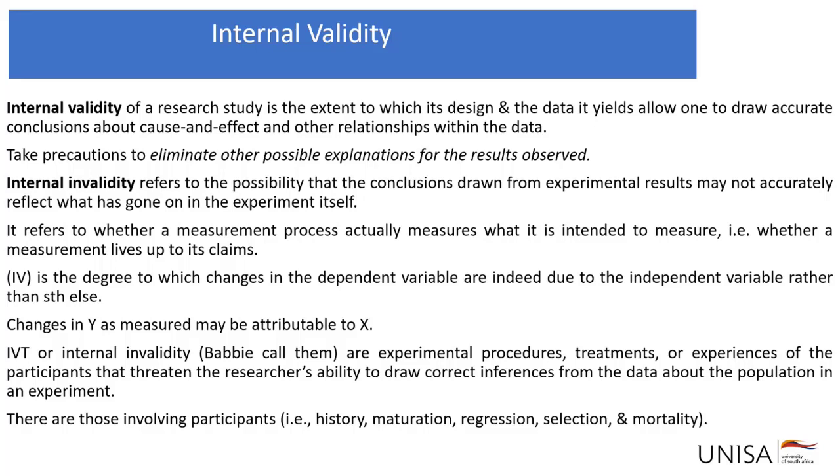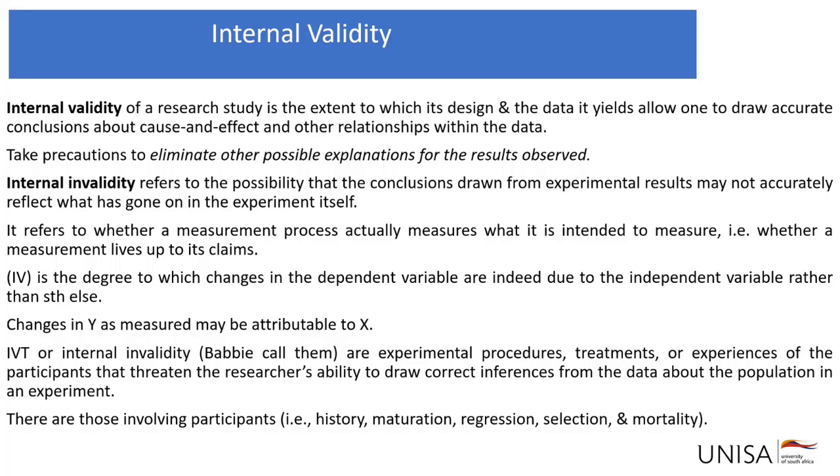And for that to happen, you need to take precautions and eliminate other possible explanations for the research. So for you to say A behaves in the way that it behaves because of B, you must have eliminated any other possible explanations for it to reach internal validity.